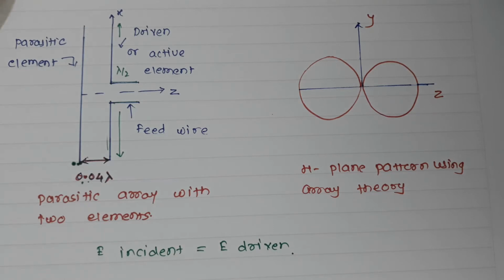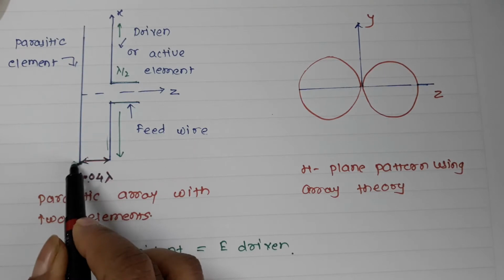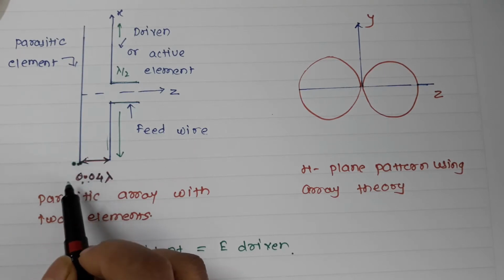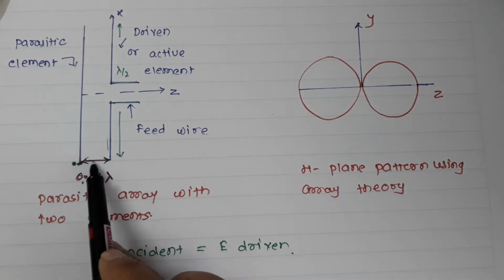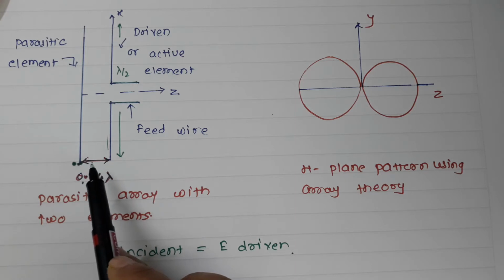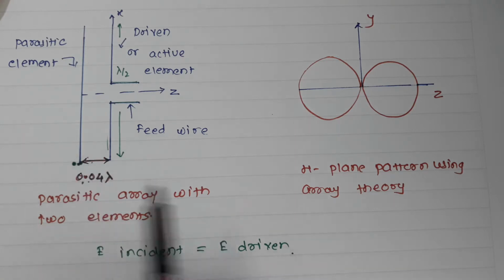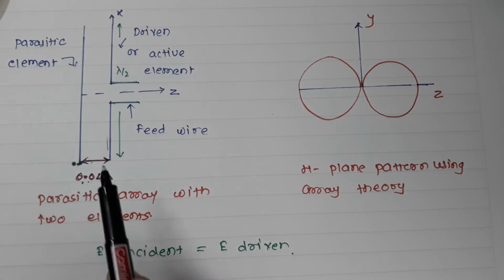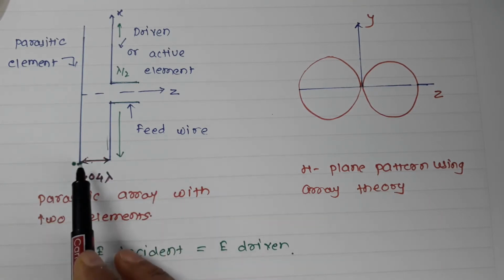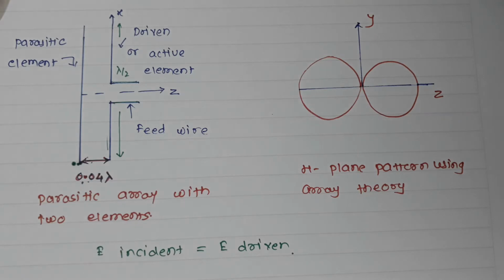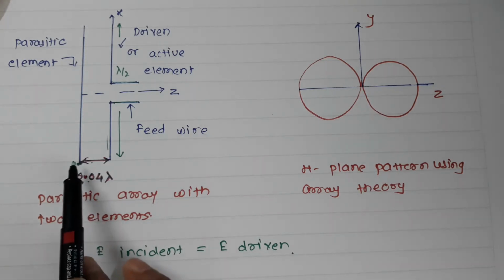The incident field generates a current in the parasite element. The current excited causes a field radiated by the parasite. This field is also tangential to the parasitic element and equal in amplitude and opposite in phase to the incident field. This is because the total field tangential to the parasite element is the sum of the incident field and the field radiated by it. According to the boundary condition, the total electric field tangential to a good conductor is 0.